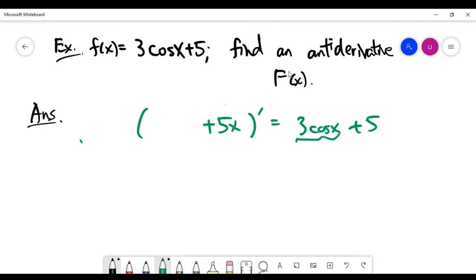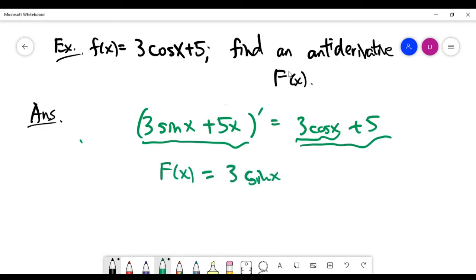And for 3 cosine x, for those of you who are familiar with the differentiation rules for sine and cosine, you would notice that I can just choose it to be 3 times sine of x, right? If you choose 3 times sine of x, it would be quite easy to see that the derivative of it is exactly the same as the right-hand side. It means that I can write the antiderivative as 3 times sine x plus 5x, right?